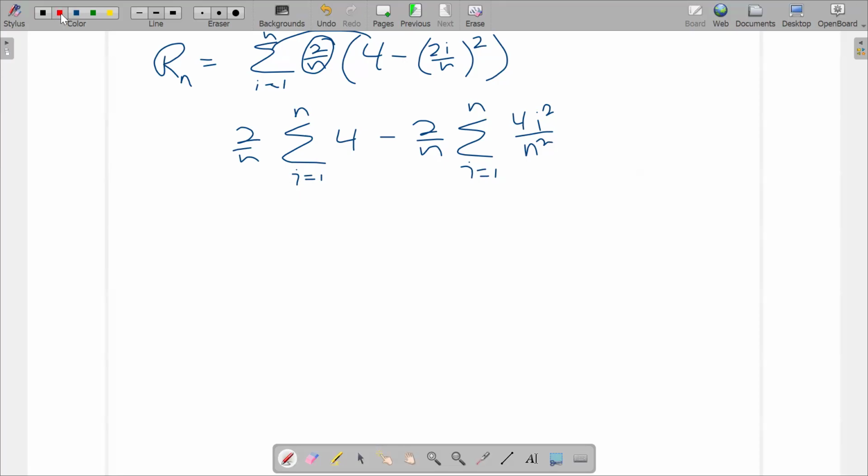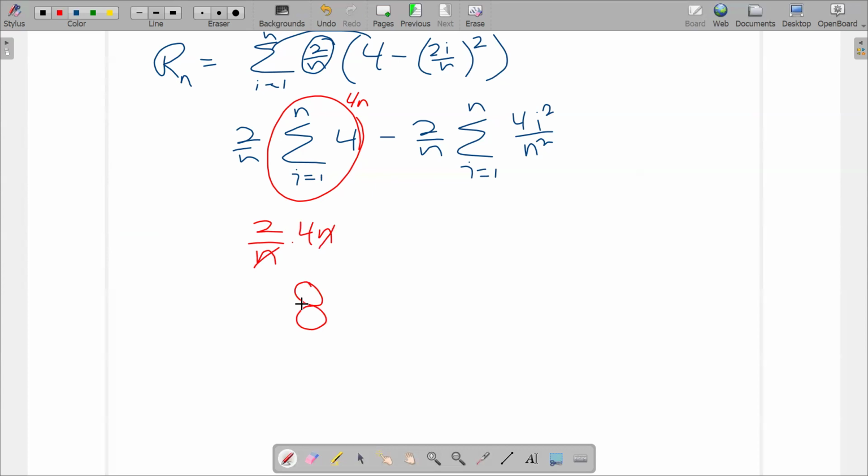Before we do that, what happens if we add up a bunch of 4s n times? It's 4 times n. If it was 10 4s, it would be 10 times 4. 100 4s would be 4 times 100. So this here is 2 over n times 4n, and that cleans up nicely. That part is just 8.